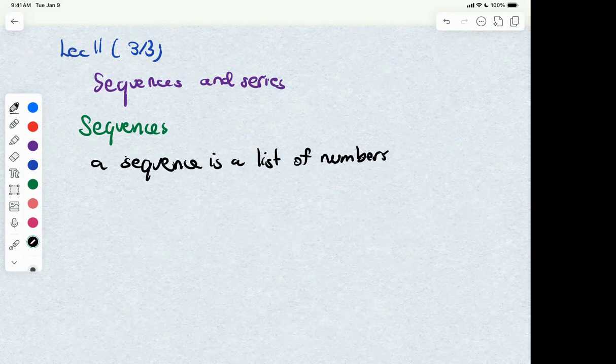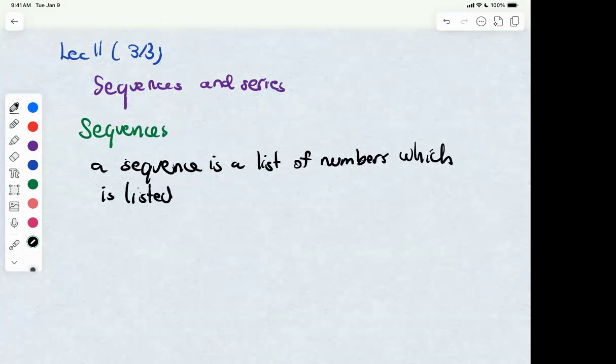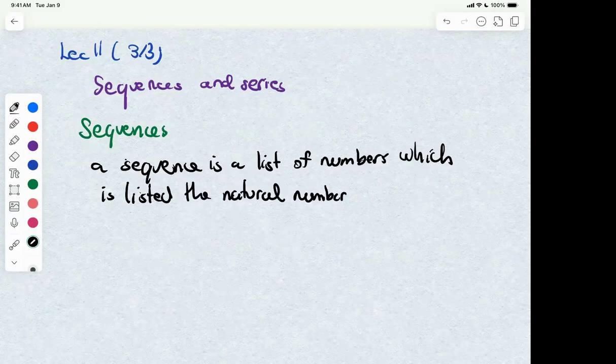But that list does have an order, so it is listed in some way, using the natural numbers, okay? Or if you prefer, by that I just mean positive integers.